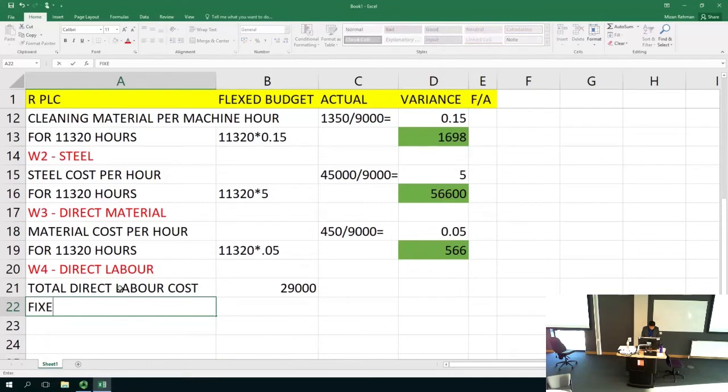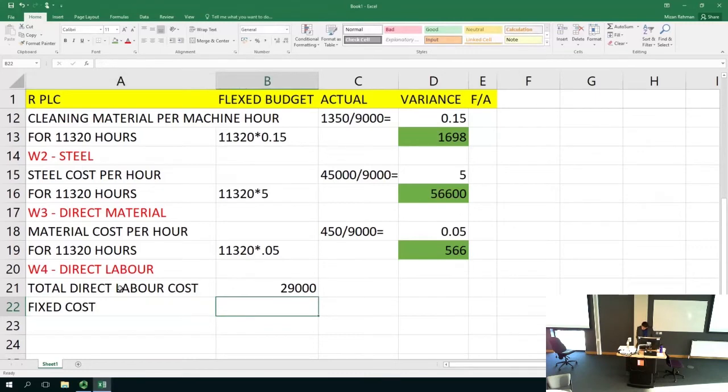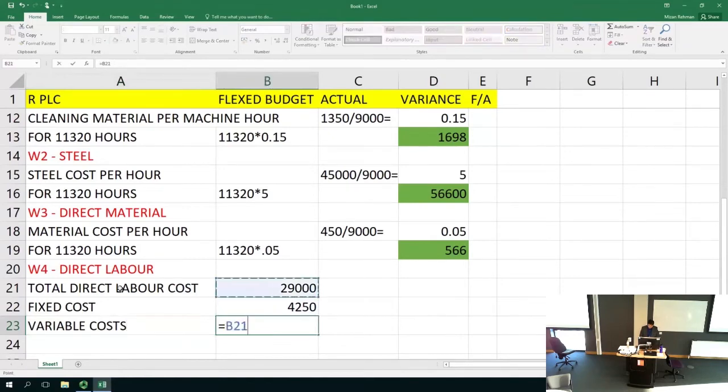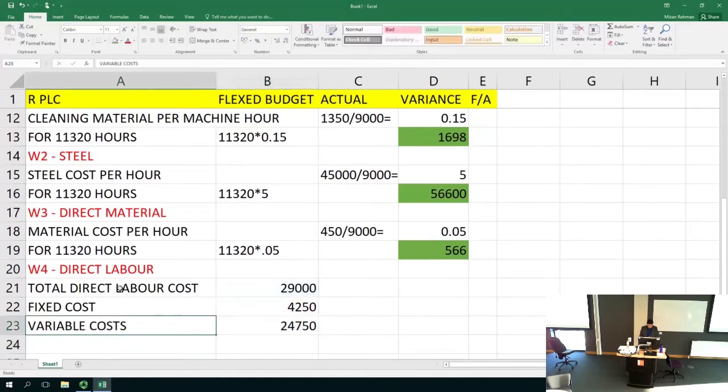Fixed cost is 4,250. That means that variable cost is 24,750. So that's step one: first of all, you get your variable cost. Once you get your variable cost, it's just like steel or other direct material cost. You get the cost per unit first, and then you multiply that by the actual activity.